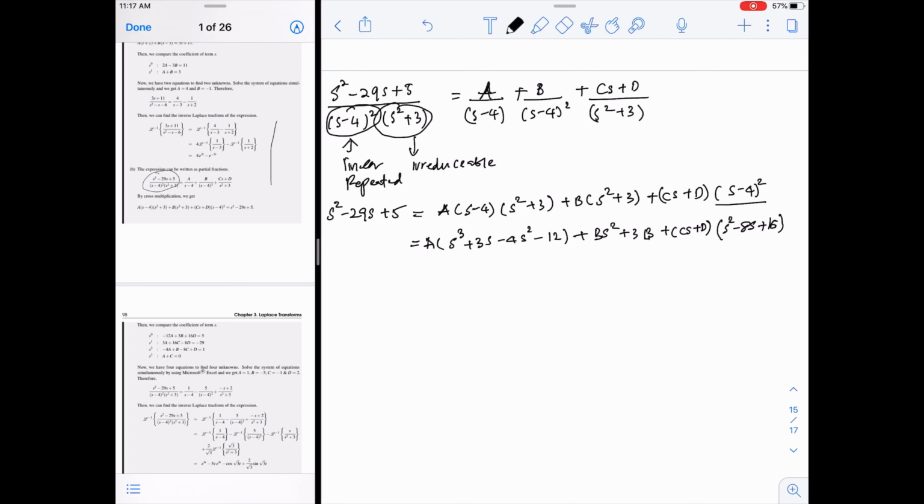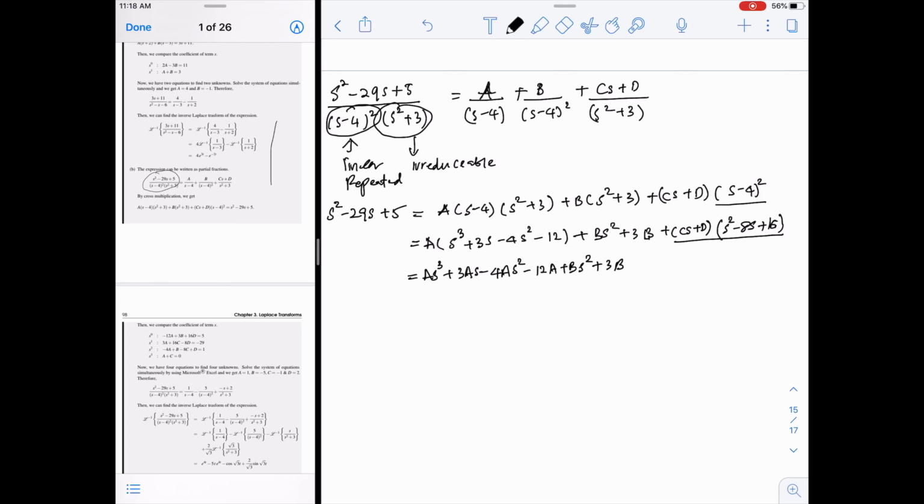Let me expand this one first. What you will get here is As cubed plus 3As minus 4As squared minus 12A plus Bs squared plus 3B. And then for this one, please be careful.